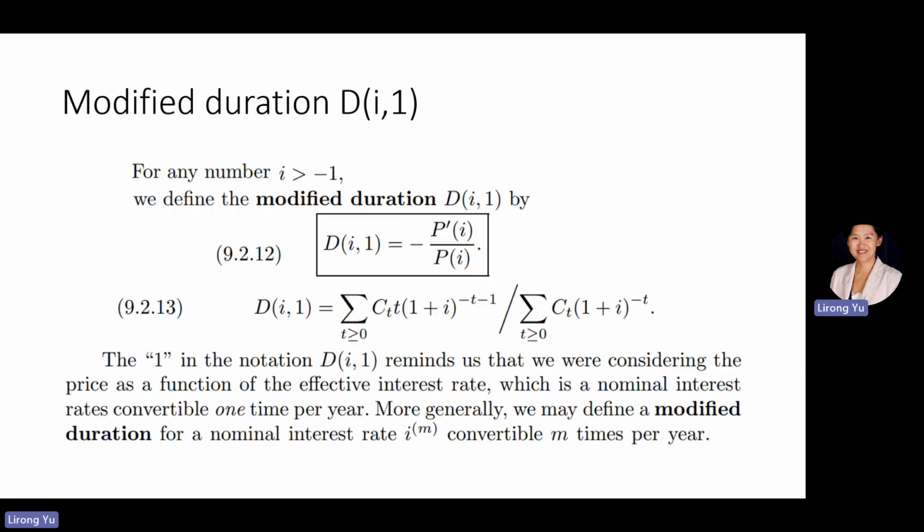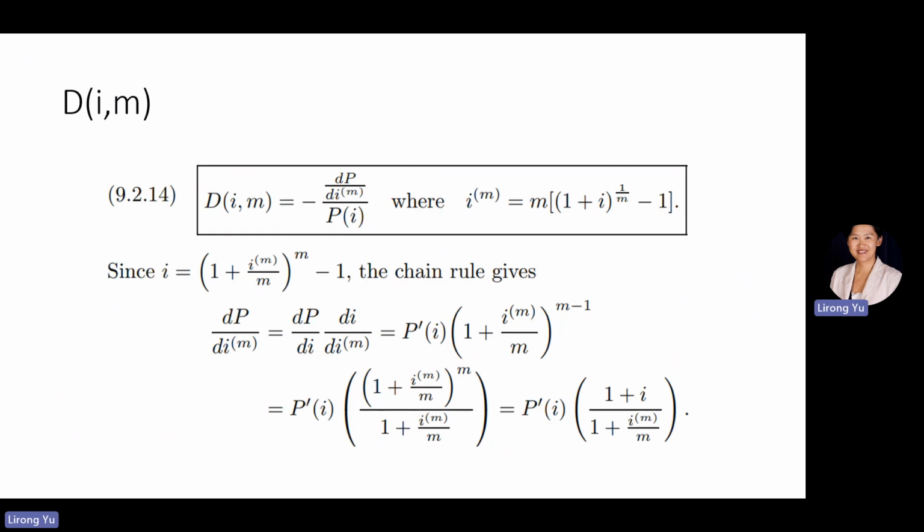All right. So this is called D(i)^(1). The 1 in the notation represents convertible one time per year. So we would use D(i)^(m) if it's convertible m times per year. Okay, so just try to figure out the meaning of the notation.